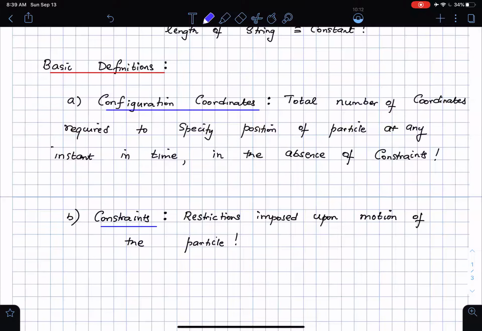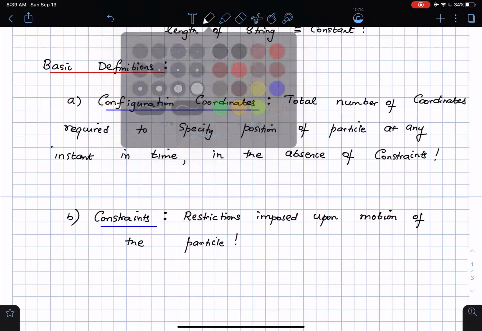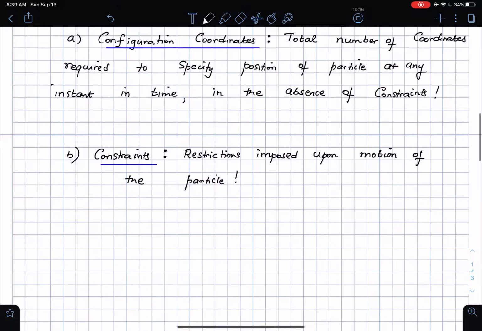And the last thing that I want to define here before we go ahead and look at our problem is called degrees of freedom, or I'm going to call them DOF, shorthand notation.